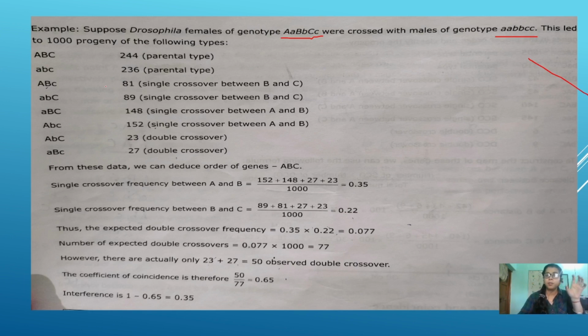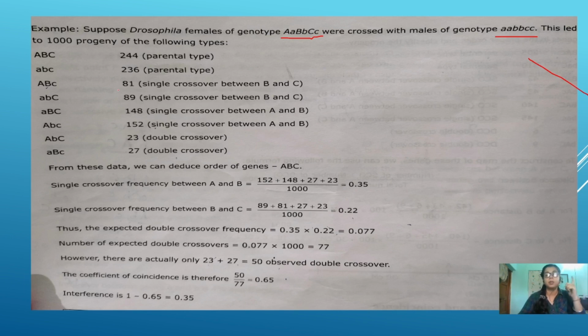In exams, sometimes which one is parental and which one is single crossover will be given, but in most cases only the phenotype or the progeny and the number will be given, and you need to identify which one is parental, which is double, which is single, which we have already discussed in the previous part of the video.